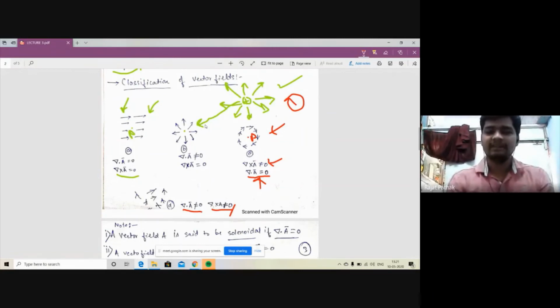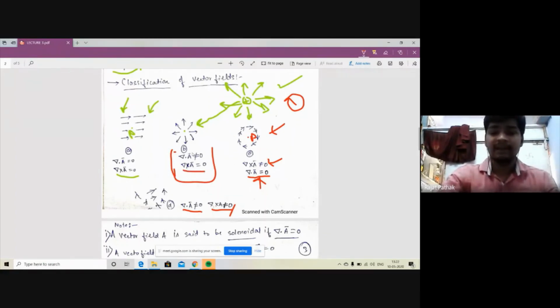Suppose electric field intensity. Electric field intensity is what? It is a vector quantity. So for electric field intensity, if you keep a positive charge in an isolated place, the field lines are radially outwards. Similarly, if you keep a negative charge in an isolated place, then the field lines are radially inwards. So at that point, the second case, B, will be considered: the divergence of the field will not be 0, but the curl will be 0, because the field lines are not rotating.